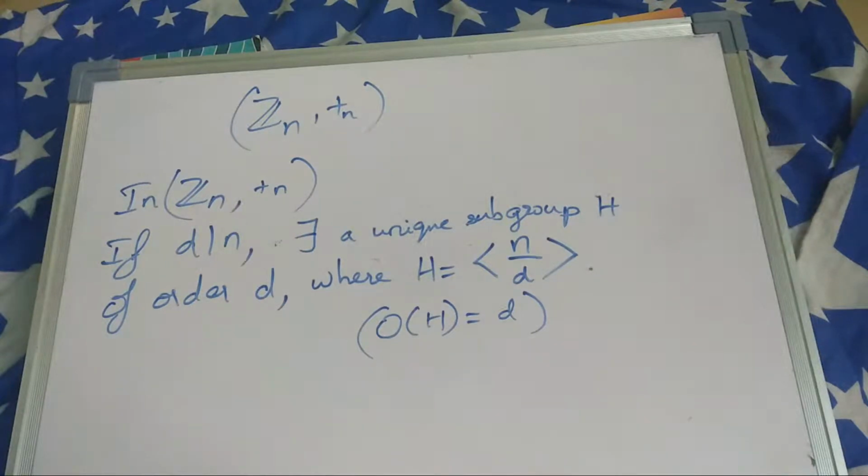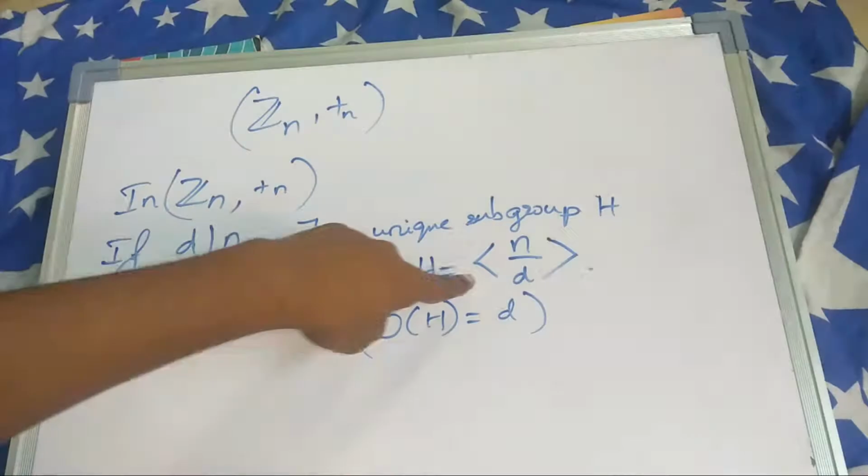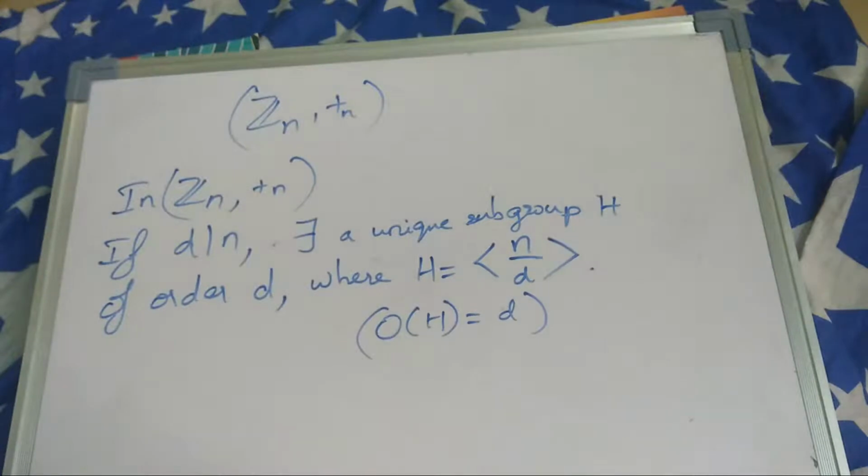For Zn, the number of subgroups is nothing but the number of divisors of n. There will be exactly one subgroup for a given divisor, and that subgroup can be found using this result. So this is all about Zn.